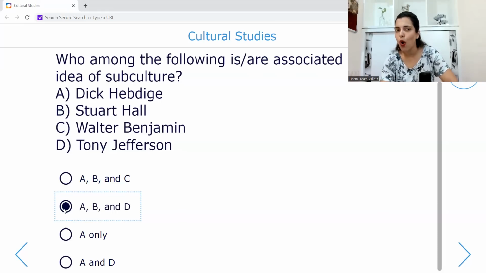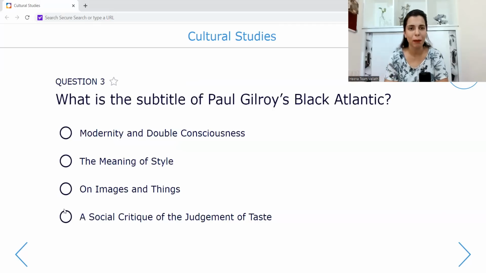Now, Stuart Hall and Tony Jefferson, together, they have edited a book which is called Resistance Through Rituals. Resistance Through Rituals is a book edited by Tony Jefferson and Stuart Hall. So Dick, Stuart, Tony associated with subculture, culture within a culture, also called counterculture. Easy, easy.